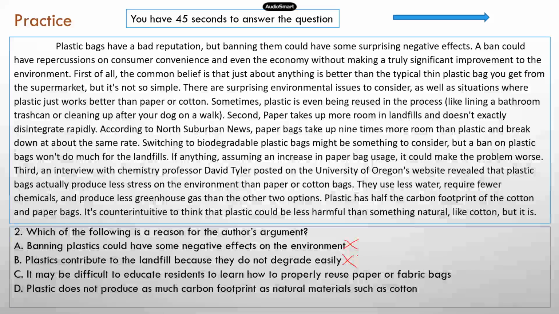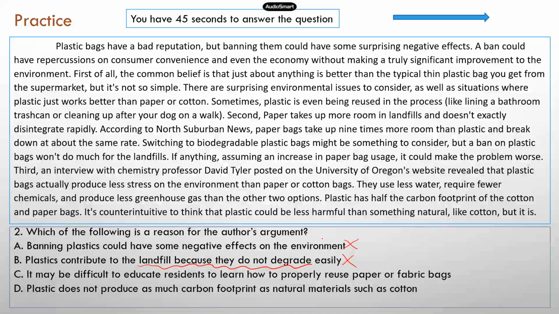The author is trying to say that plastic bags may have some beneficial impact on the environment. So this statement is the opposite of what the author is trying to say, right? The author is trying to talk about some of the good aspects about using plastic bags.